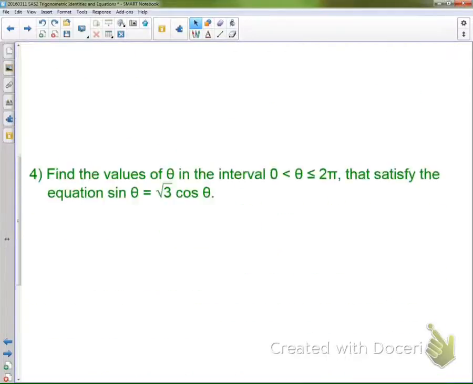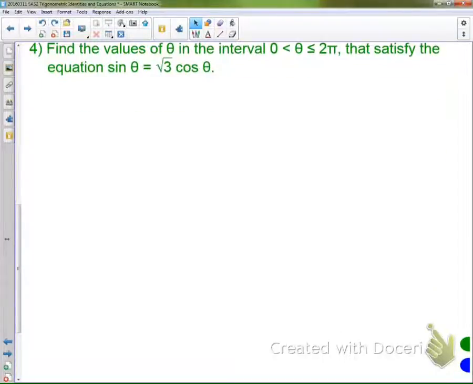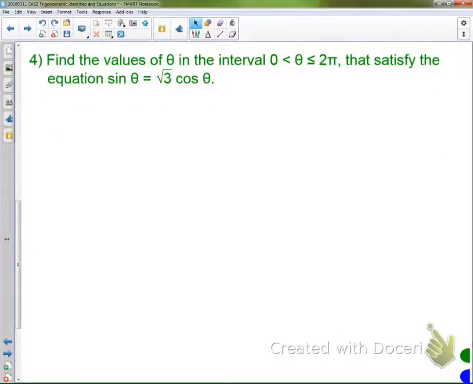In our next example, we need to do a bit more rearranging before we're done. We're told that sine theta is equal to root 3 cos theta, and we're looking for solutions in the interval 0 to 2 pi. In this case we're looking to give our answers in radians, but we'll come back to that in a bit. First we need to do some rearranging. So let's divide by cos theta.